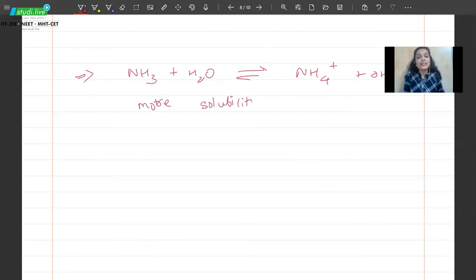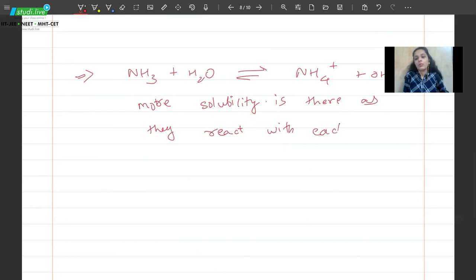So we can say this is the limitation. For Henry's law, we need to have non-reactive gases only. What if we have reactive gases? Then they are going to react and dissolve more than expected. Yes or no? So more solubility is there as they react with each other.